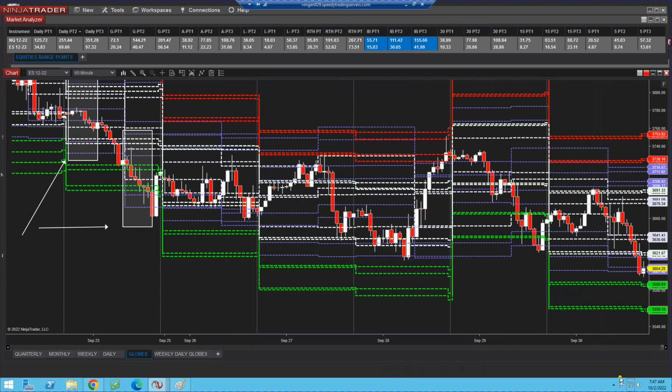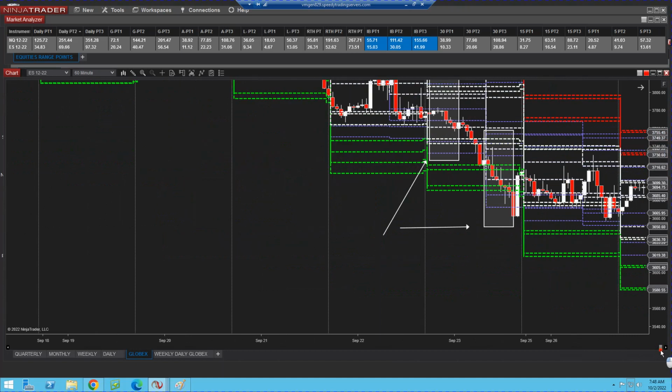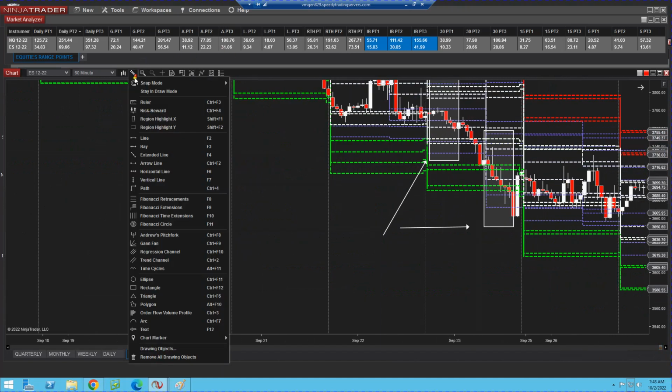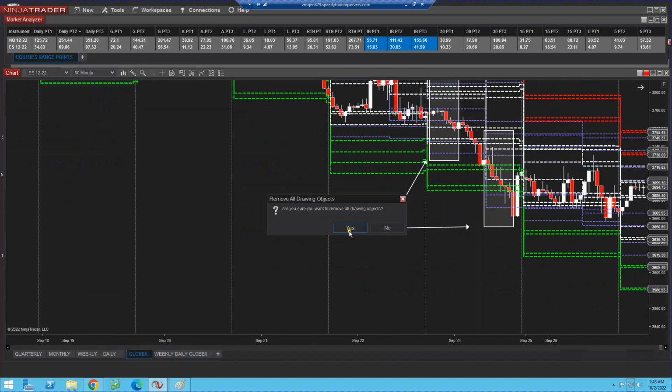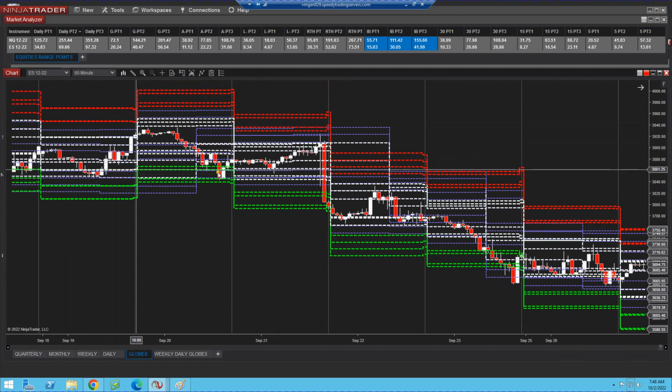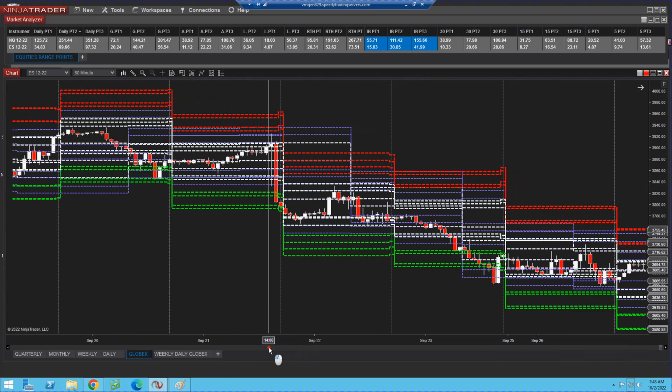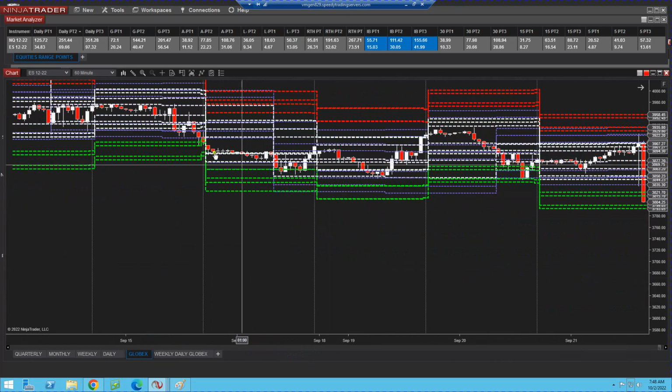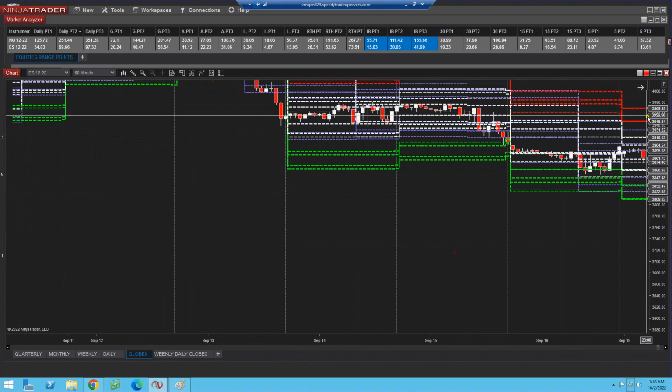So usually, let me get all the drawings off of it here for you, it will reside inside the distribution of the daily Globex. Very rarely does it pop out. Not very often. Here it was even capped by the last Globex. So very much it stays inside this cocoon.